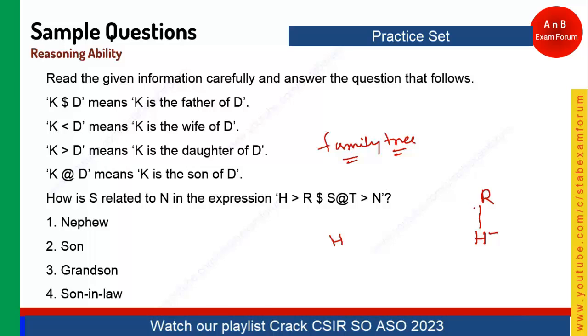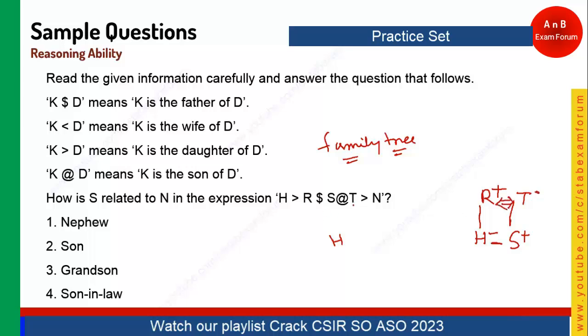So R is father of S, so he has one more kid. R is father of S, so these two are siblings. Then S at the rate T, at the rate means son, so S is son of T. Son means he is male, and we can find this T as a female, and these are husband and wife.